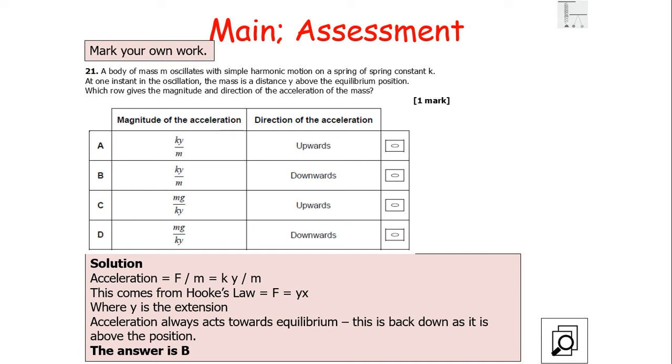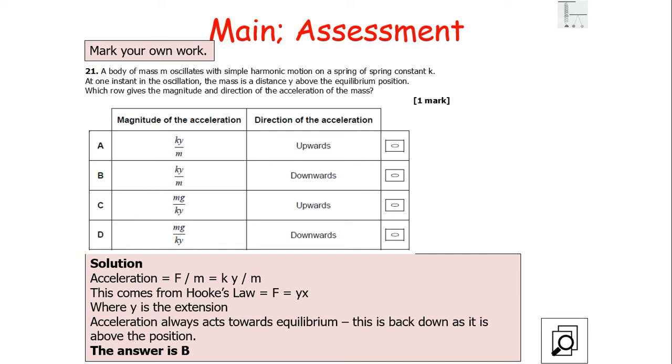Now remember, it says the mass m is a distance y above the equilibrium position. So instead of using the notation x for extension, we're using the notation y, which might look a bit confusing, because you might have seen previously that F equals kx, but in that first line it says F equals ky, which is exactly the same.